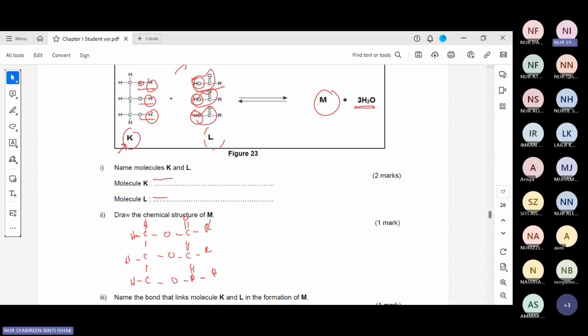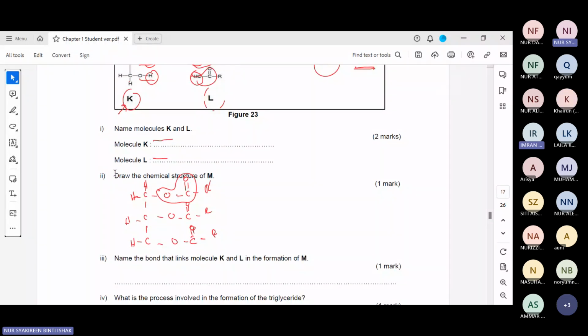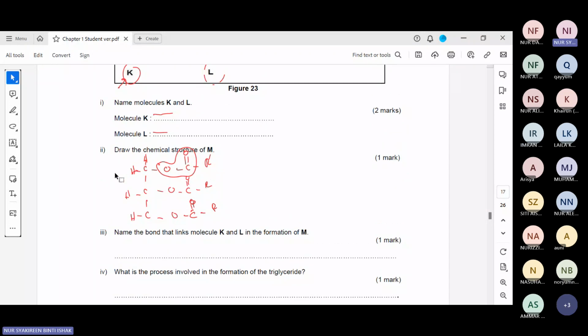Okay. So the bond between the glycerol and the fatty acid here is called ester bond. Ada soalan? Tak ada. Okay.